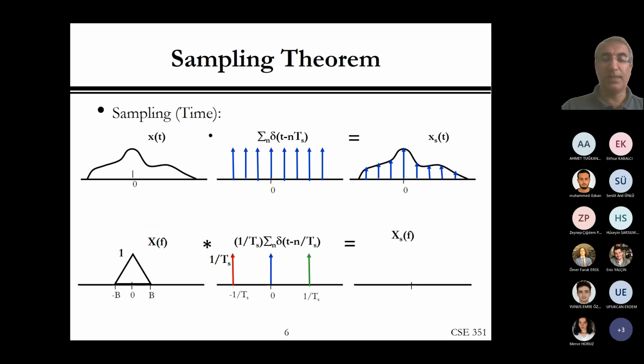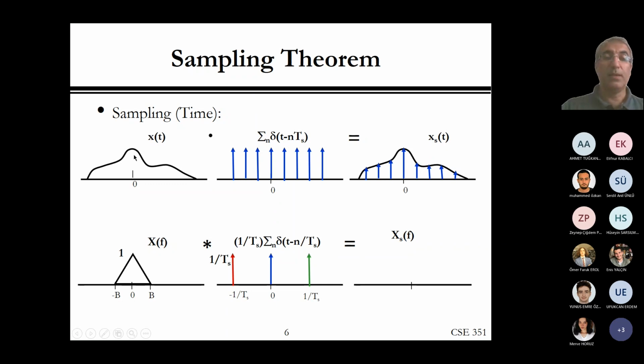Let's look at more mathematically and visually how this sampling happens. We are talking about sampling in time, and we have sampling in frequency as well. This is the sampling that is done in the time domain.